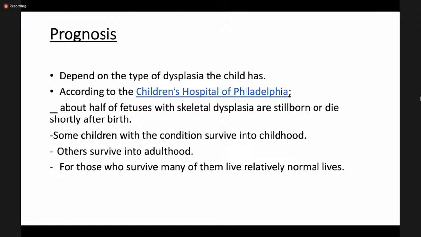Some with the condition will survive into childhood, and then a few will survive into adulthood. Now, for those who survive, many of them tend to live a relatively normal life. So there is that natural selection, so that those who are weak are actually eliminated.